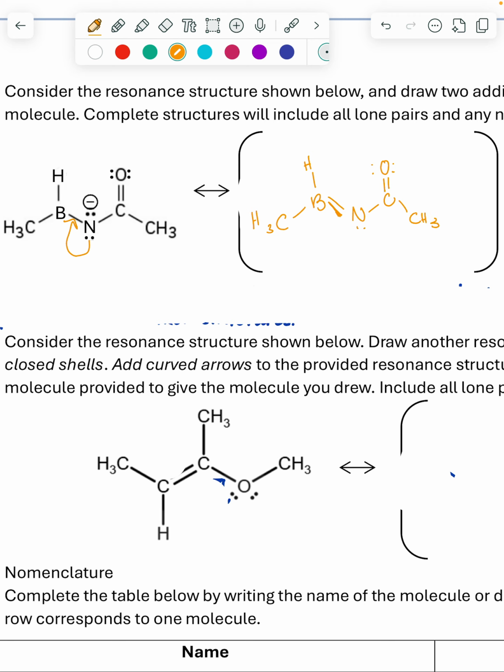Then we have to know where the negative charge is going. You could do the formula for the formal charge, or you could just kind of know that boron is a 3-bonder, so with that extra bond, it's going to be negatively charged. But just for practice, let's try the formula to find the formal charge, which is the column that it's in, minus the number of bonded electrons, minus the number of unbonded electrons.